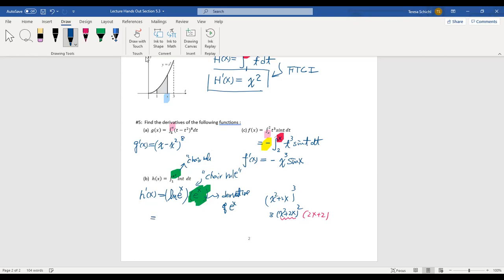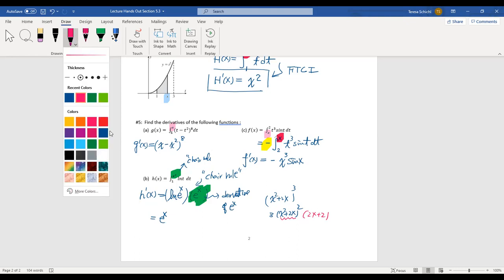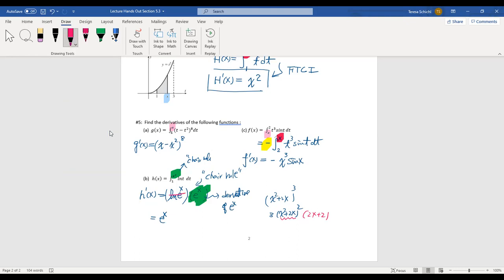Now this is my final answer. So this is e to the x, then I know the natural log and the e cancel. So this will give you x times e to the x. This will be my final answer here.